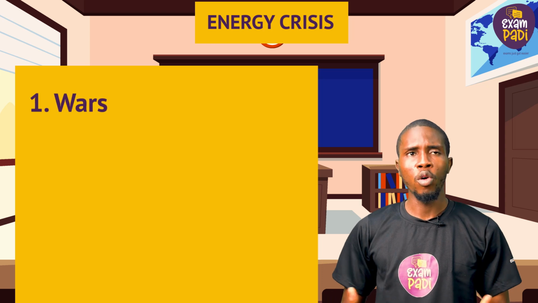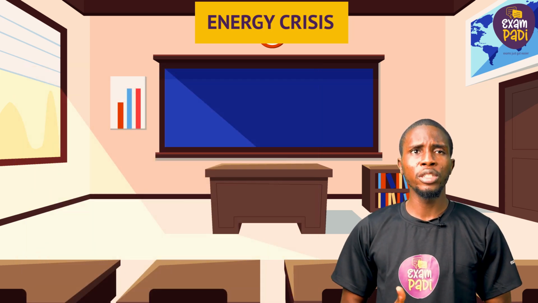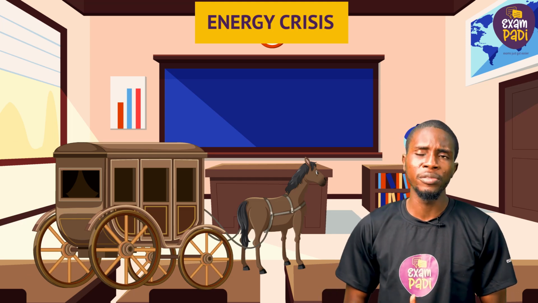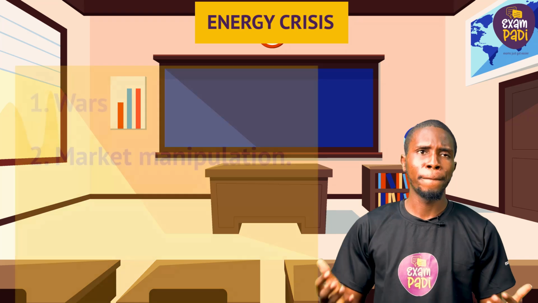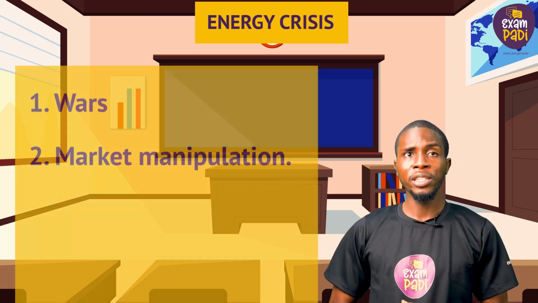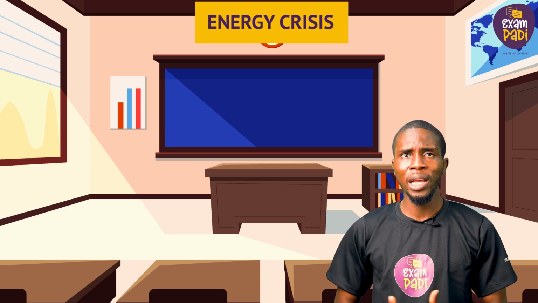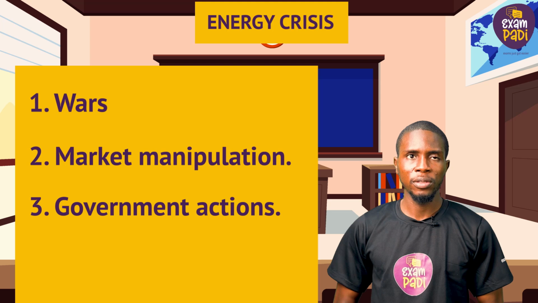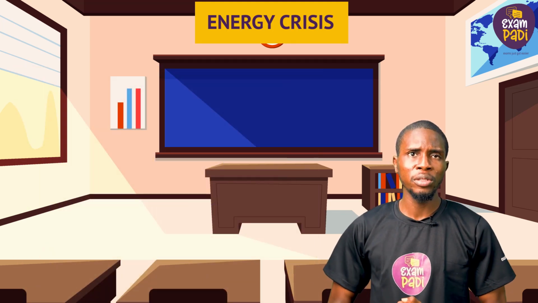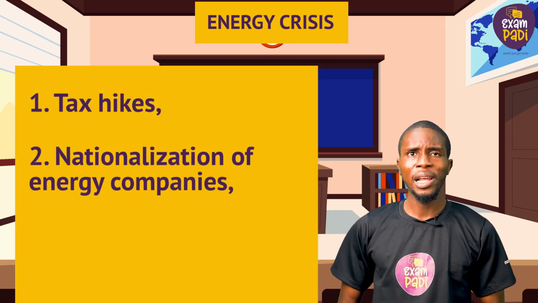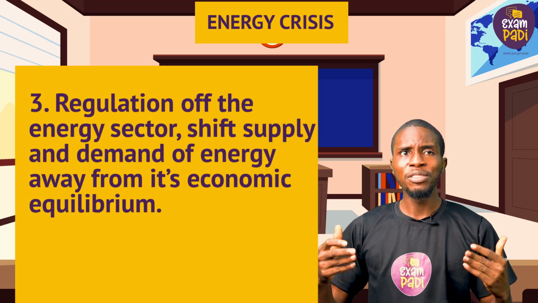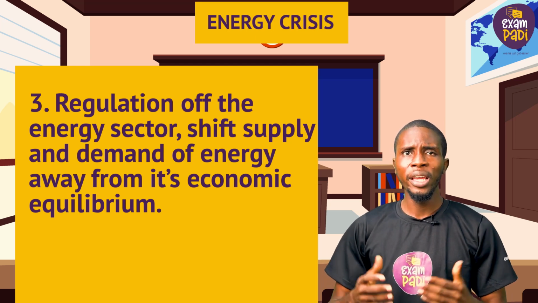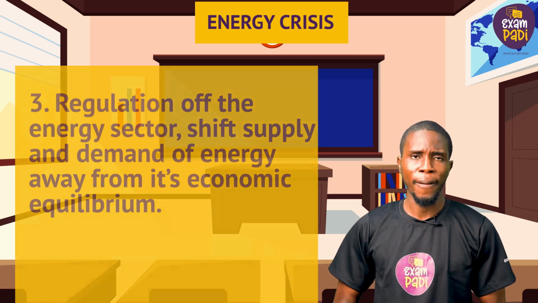1. Wars. The gasoline shortages of World War II brought about the resurgence of horse and wagon delivery. 2. Market manipulation. Most energy crises have been caused by localized shortages and wars. 3. Government actions. Some have argued that government actions like tax hikes, nationalization of energy companies, and regulation of the energy sector shift supply and demand of energy away from its economic equilibrium. 4.